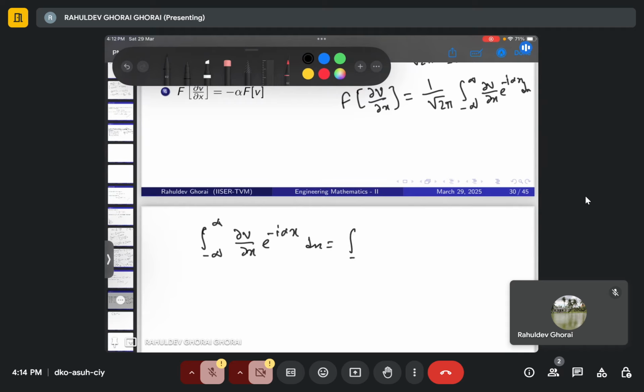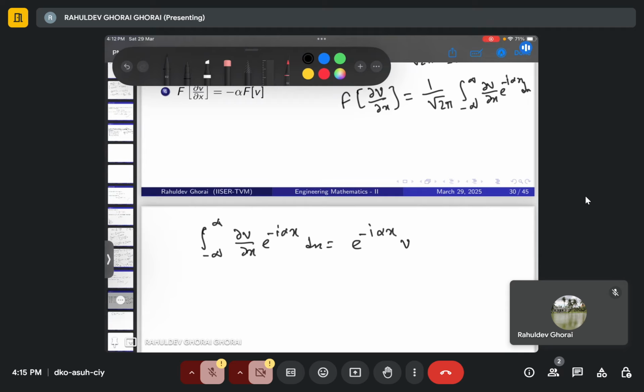That, if you take integration by parts, so first I will take del v del x, and I'll take e to the power minus I alpha x as the first function.